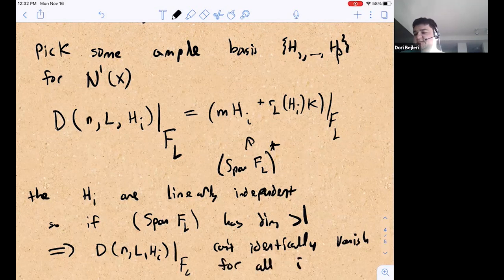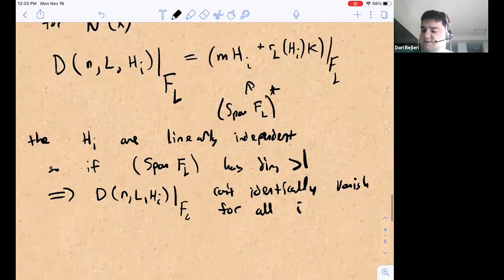Because we've picked this basis HI, but this expression is telling us that when we restrict to FL, all of them are proportional to K. And so if our span of FL is greater than 1-dimensional, that just can't be the case. They can't all be proportional to K because they're linearly independent on the large space.